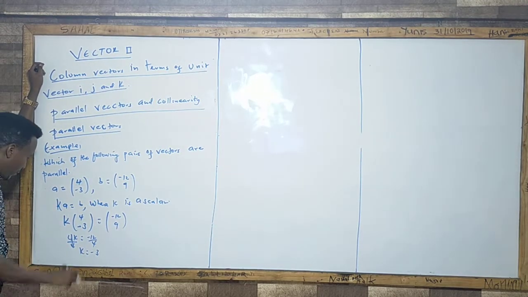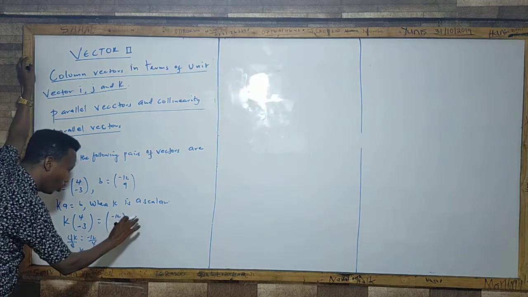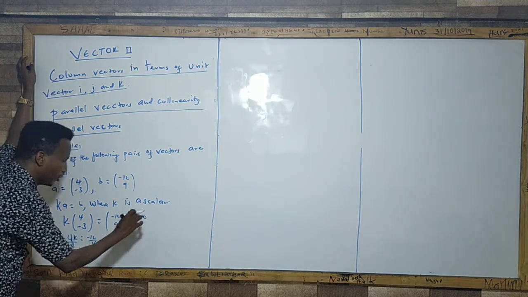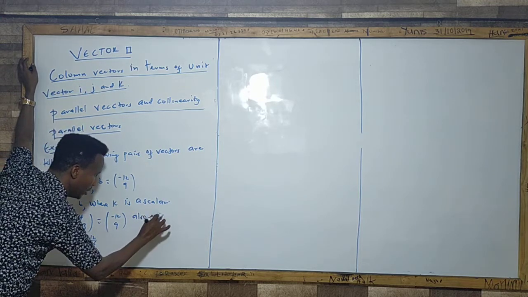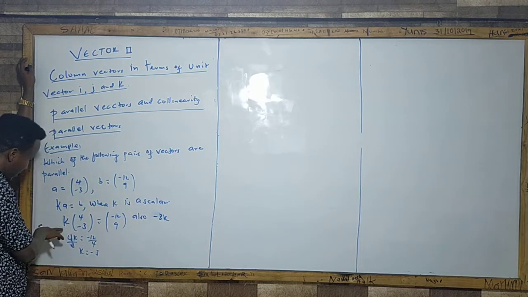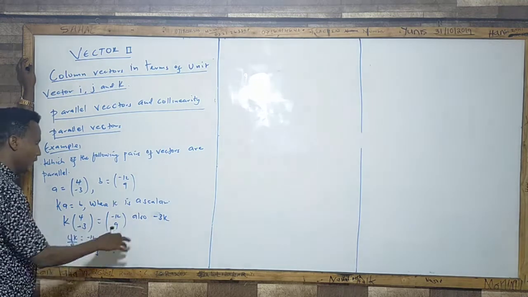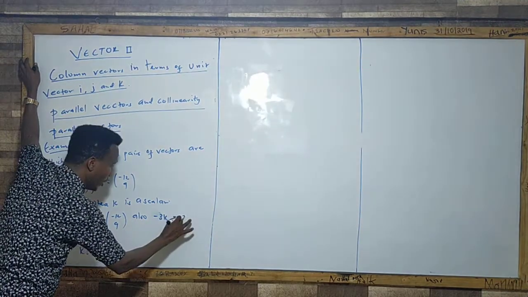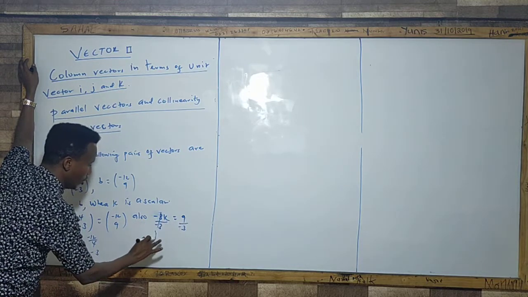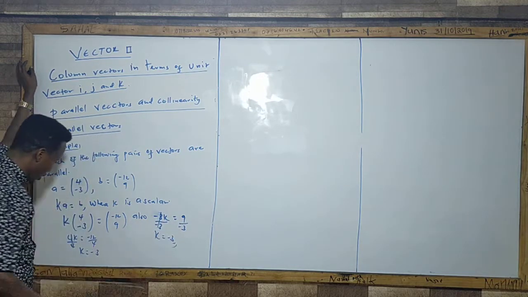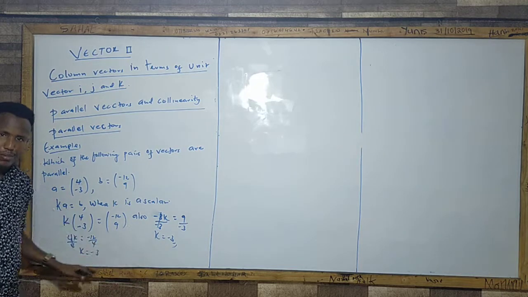Again, K multiplied by negative 3 is negative 3K, which is equal to 9. Divide both sides by negative 3, cancel, so K is equal to negative 3. So you are getting the same answer.